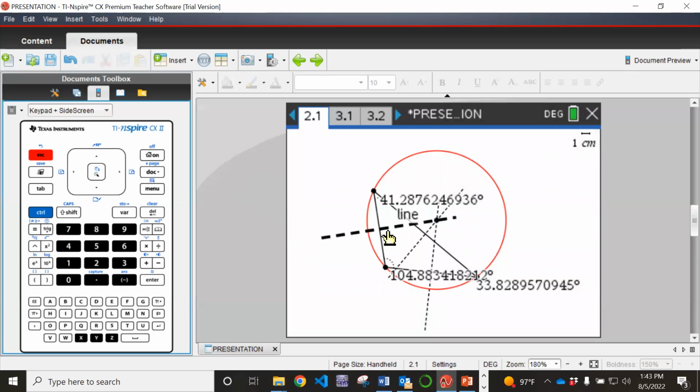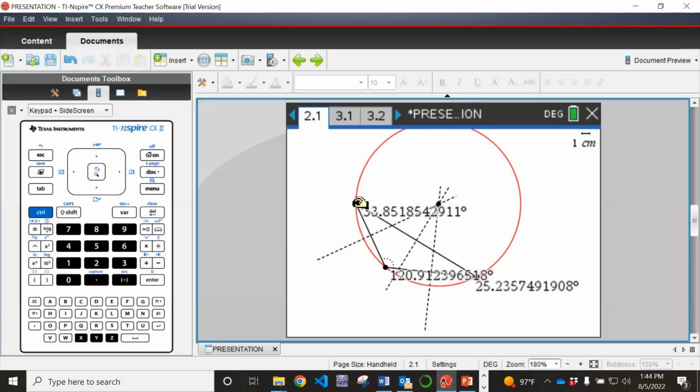I constructed the perpendicular bisectors by that command underneath menu as well. I found the intersection of those points. I drew a circle centered here through a point. I went ahead and told it to measure all of the angles. And now I have the ability to grab hold of one of these points and move it around.